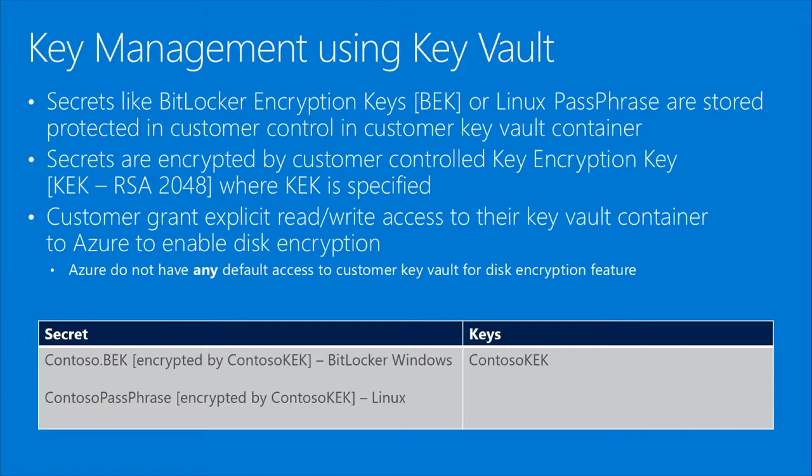And you as a customer explicitly grant read-write access to your key vault container to the Azure platform to enable disk encryption across all your scenarios. Azure does not have any default access to your key vault for the disk encryption feature. You have to explicitly turn it on.